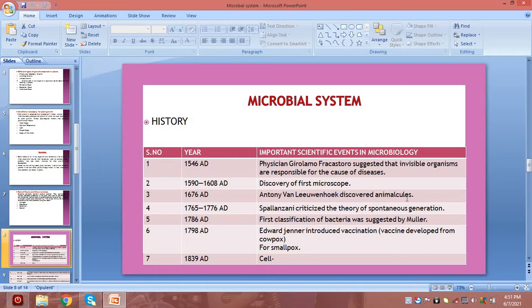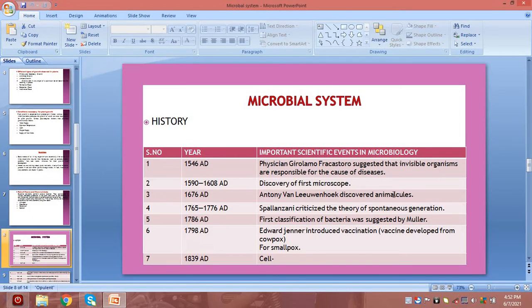Here animalcules means bacteria, virus, fungi, all these microorganisms. He named them animalcules. He used this word animalcules for all the microorganisms.